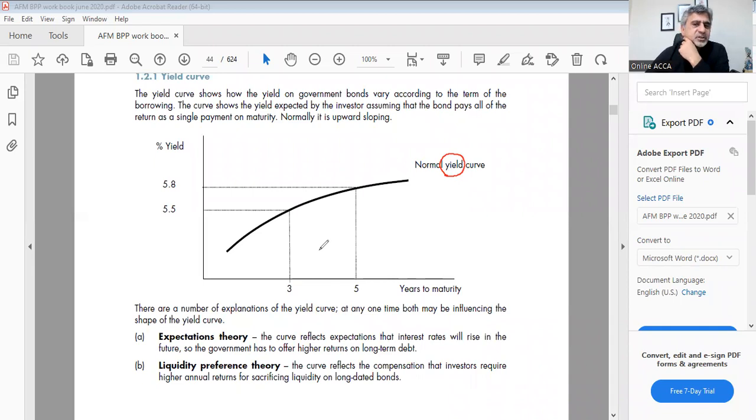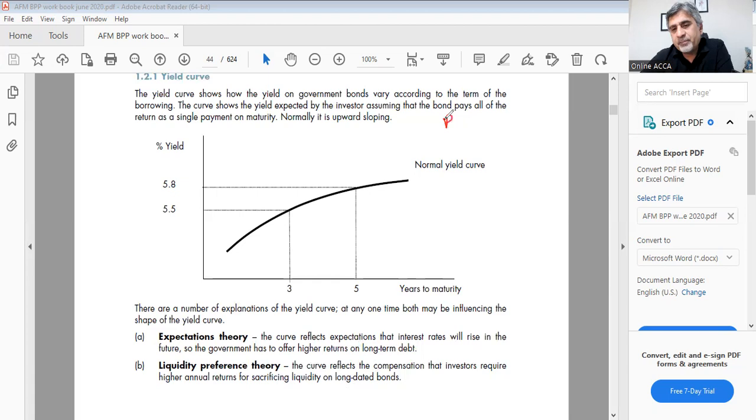Please watch that lecture to understand, because there is yield to maturity and yield changes, and how the yield changes every time on bonds. It's a very important concept. There are 2 separate lectures on that, but I'll just give you one clue here. In very brief, what is yield? Yield is actually, you can call it the IRR or you can call it the actual return which you get on any investment.